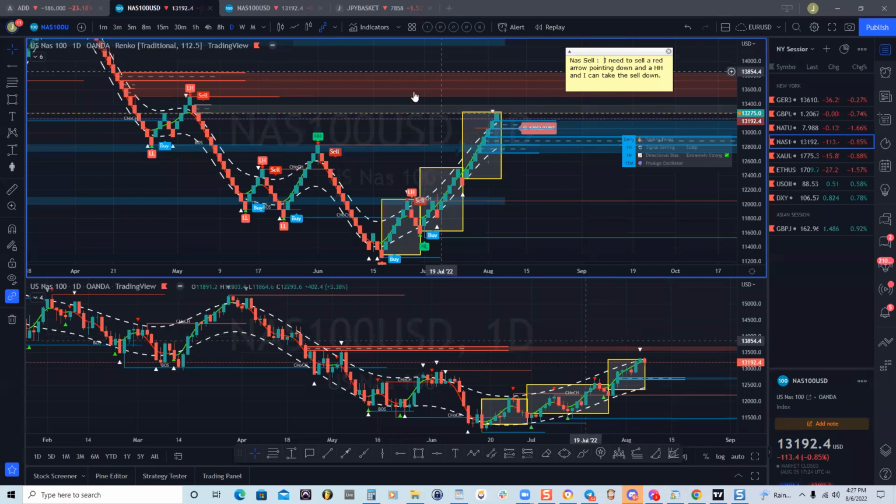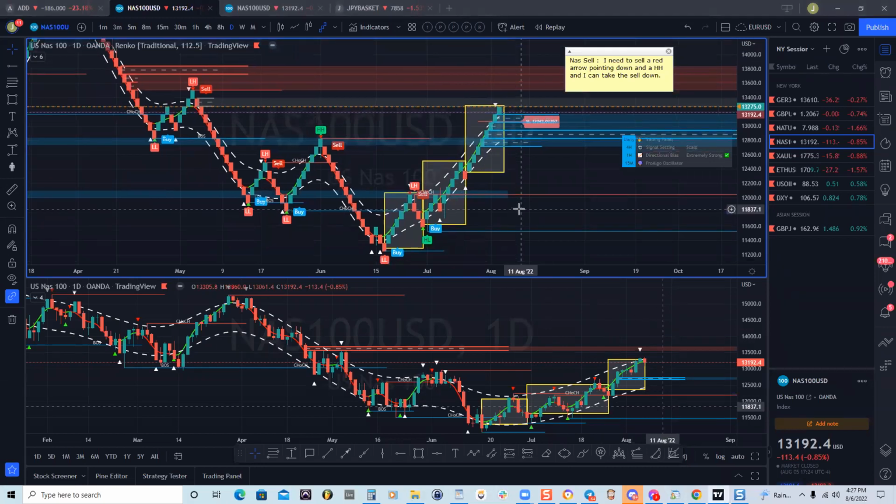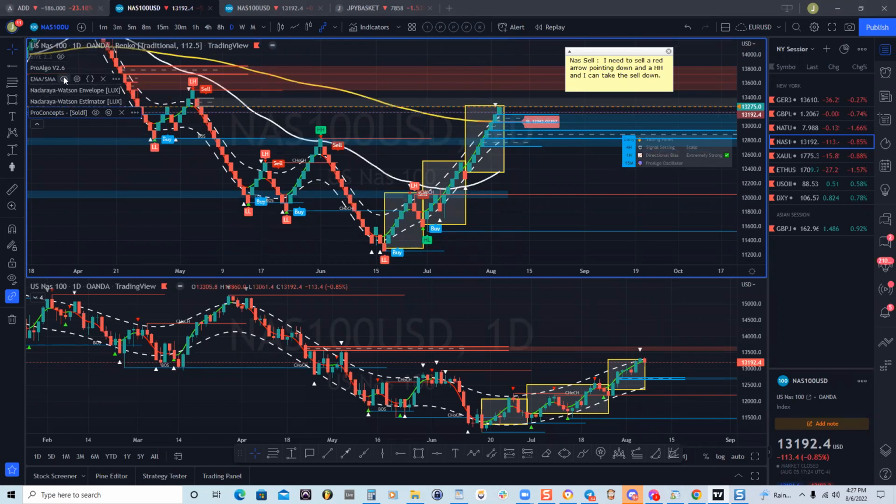So what is the ideal setting for a Renko break then? That's the problem. There are no set points on Renkos, so you have to do a lot of testing. What is your style?